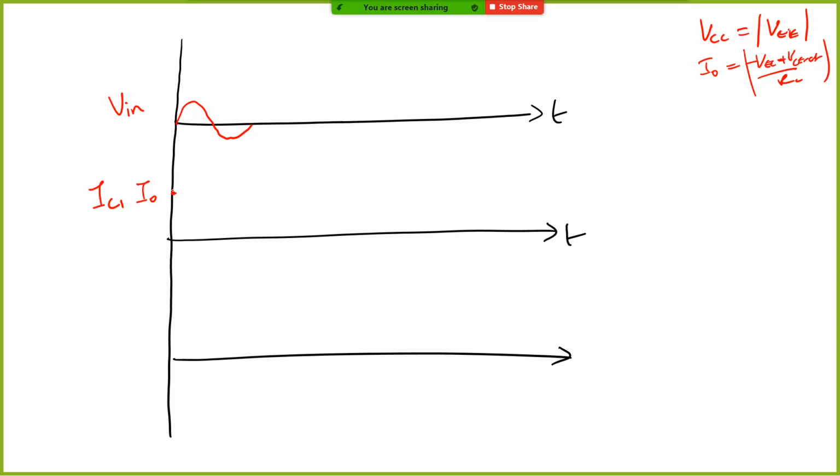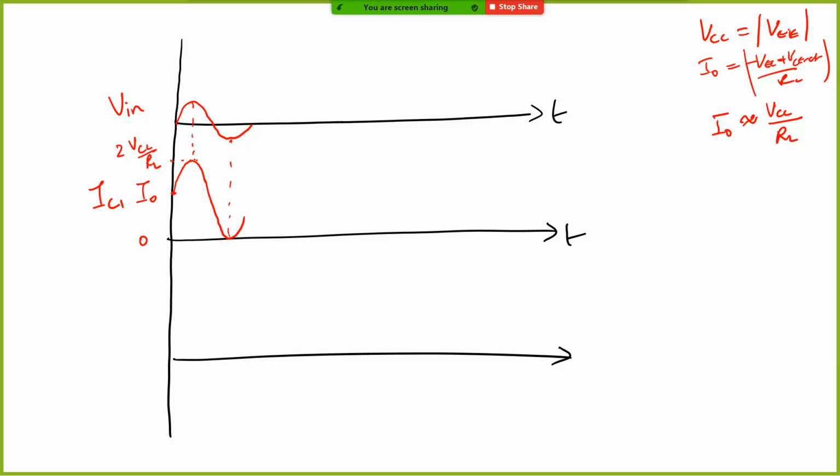As the signal increases, it will become I0, which you can approximate to VCC by RL, so this will become approximately 2 VCC by RL, and then it will go all the way down to 0 amps at this point.